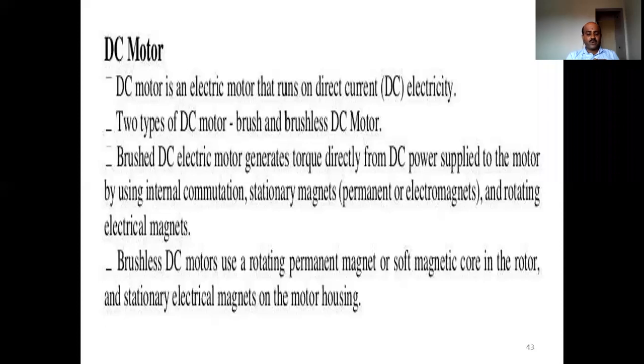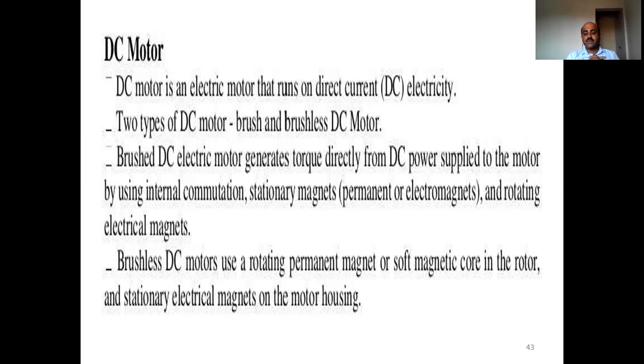Then the second type is the brushless DC motor. These motors use a rotating permanent magnet or a soft magnetic core in the rotor and stationary electrical magnets in the motor housing.